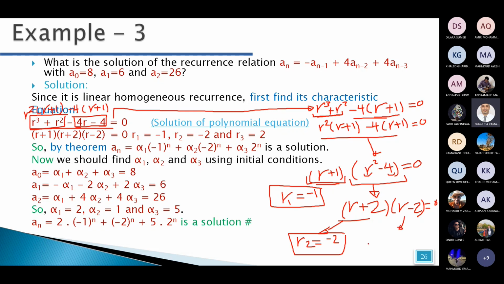And from this one, we have R equal 2. We can call it R3. So we have three solutions: R1 equal minus 1, R2 equal minus 2, R3 equal 2.